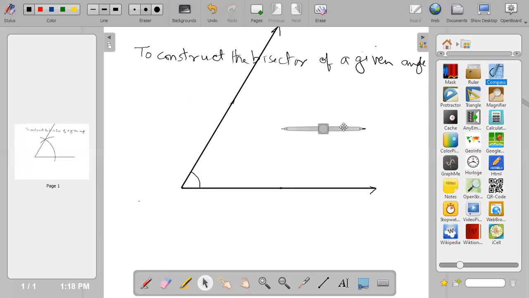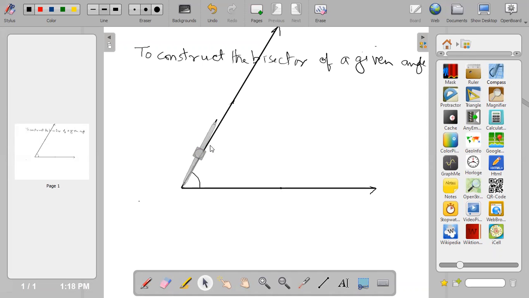Now we will decide the length of this compass. Any length we can decide here. It is showing 5.6 centimeter, and then here at this point you have to put the tip of the compass.